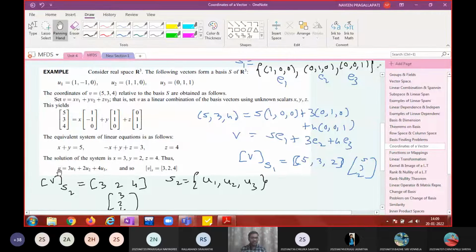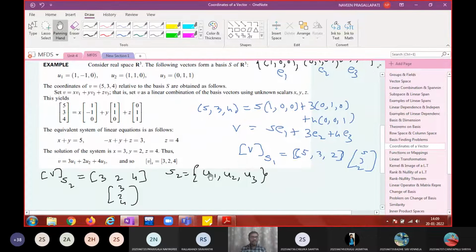So if you can express v as a linear combination like 3u1 plus 2u2 plus 4u3, then these three scalars 3, 2, 4, put in a row matrix or column matrix form, are called the coordinate vector relative to the given basis.